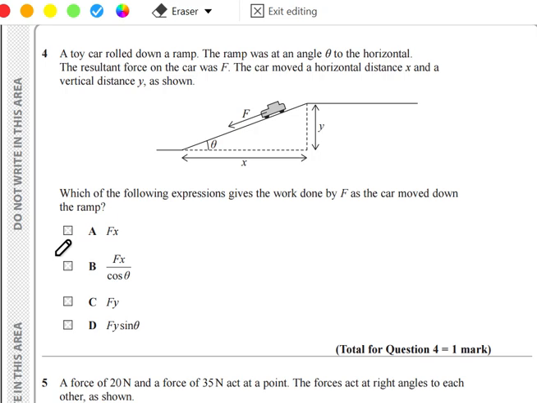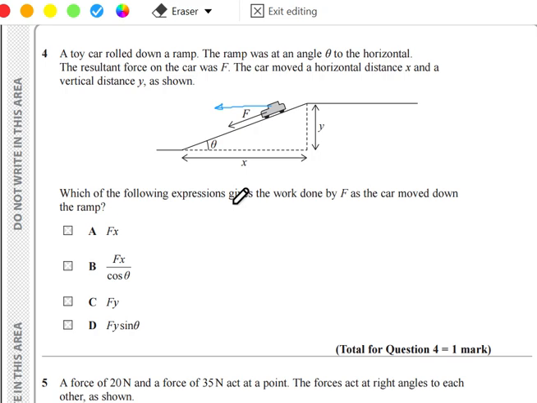To calculate work, the force used in the calculation should be in the direction of the distance covered, or vice versa: the distance covered should be in the direction of the force. So we can say that we have a horizontal component for the force, and we can multiply by x.